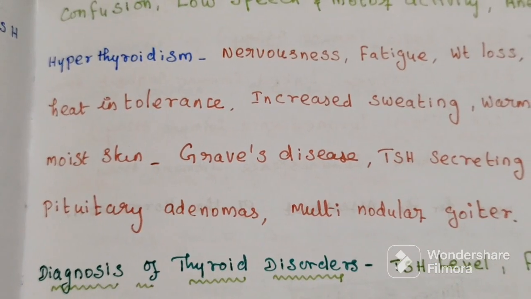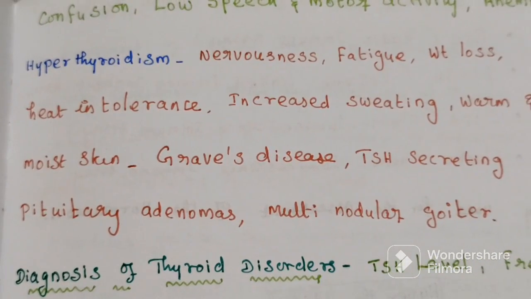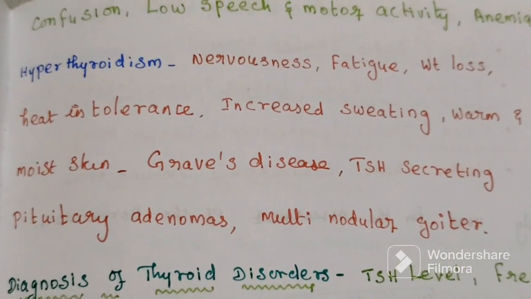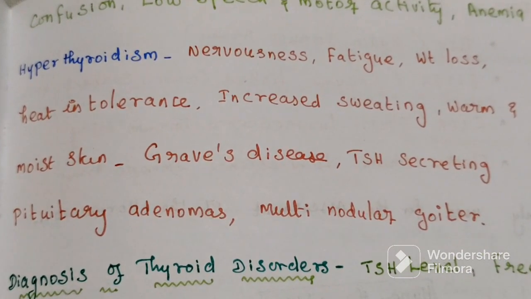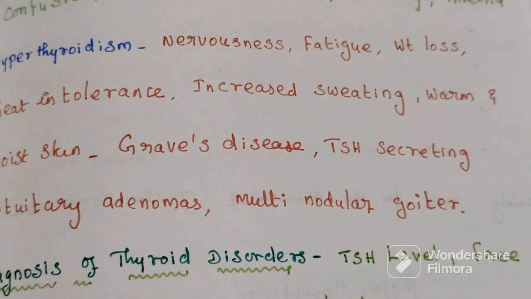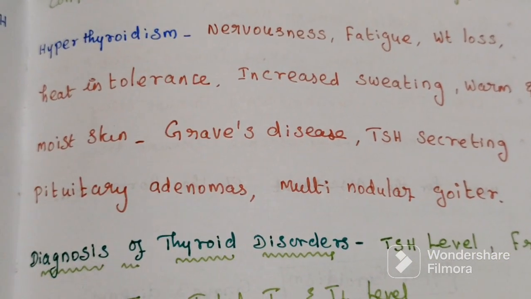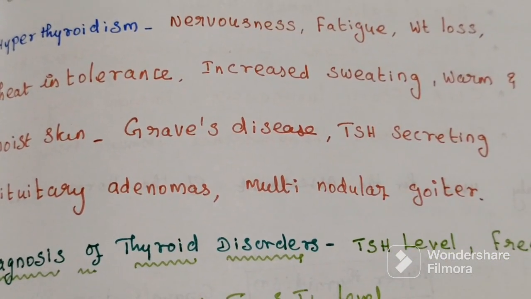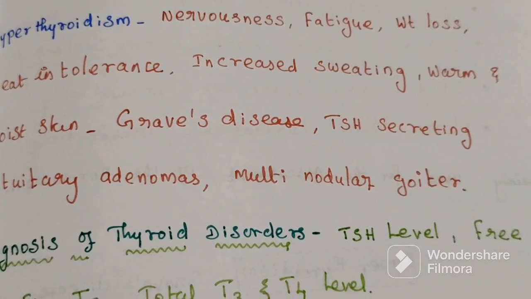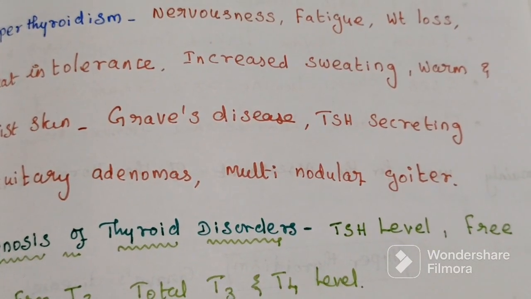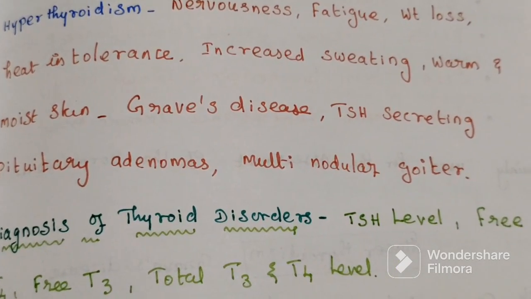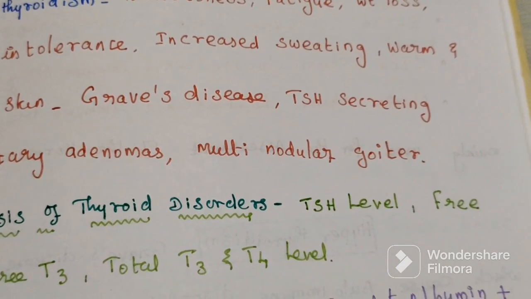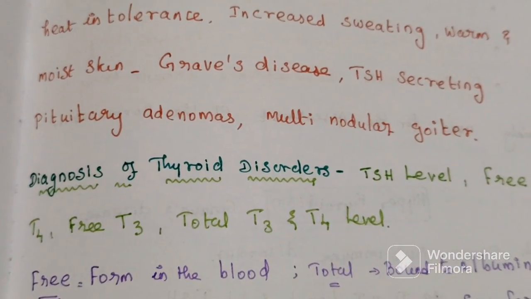In the case of hyperthyroidism, it causes various disorders: fatigue, weight loss, heat intolerance, increased sweating, warm and moist skin. Main examples: Graves' disease, thyroid stimulating hormone secreting pituitary adenomas, and multiple nodular goiter.